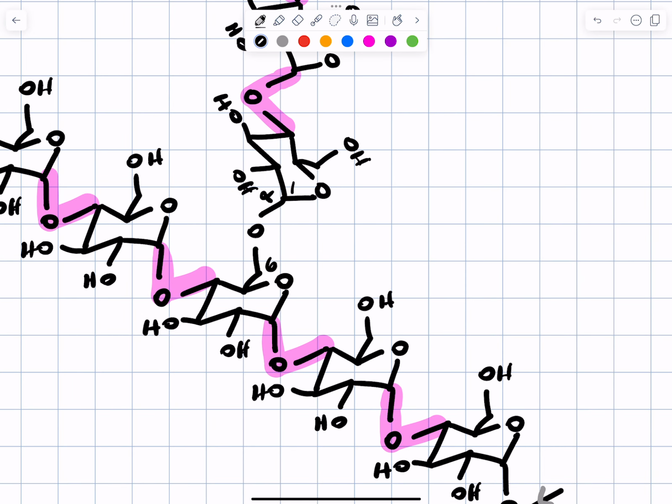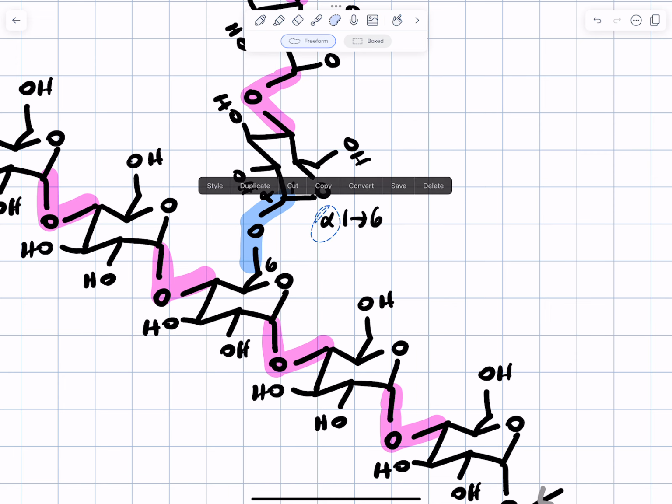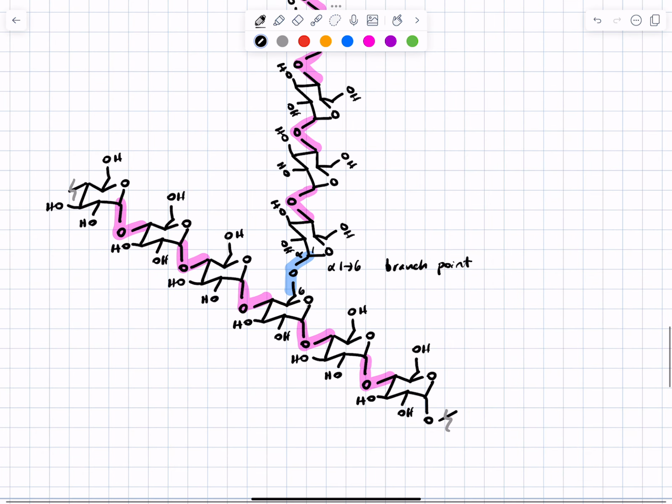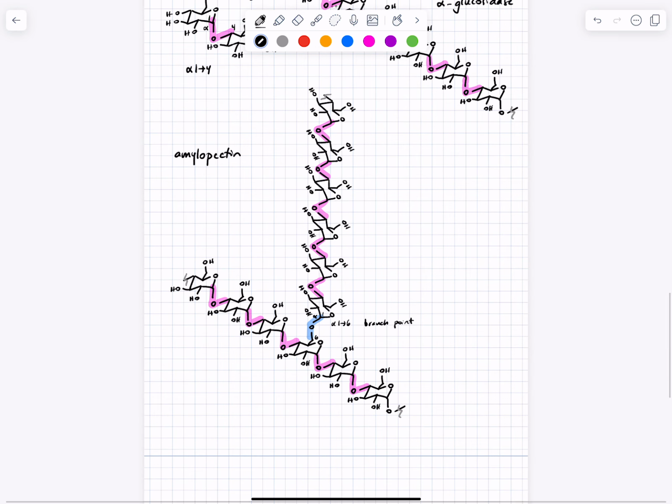So that's sort of a branch point, and at the branch point, this is an alpha linkage between C1 and C6. So we call that an alpha 1,6 linkage. Sometimes people use parentheses, sometimes they don't. It doesn't really matter. Alpha 1,6 linkage, and that's a branch point. And you can imagine that branching would change the properties of the starches.